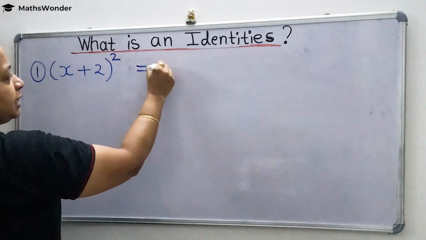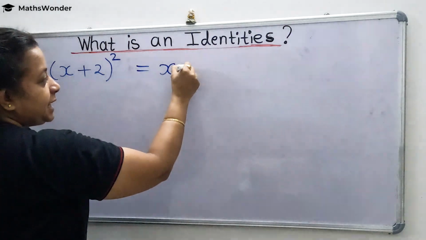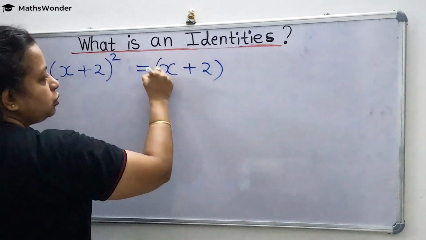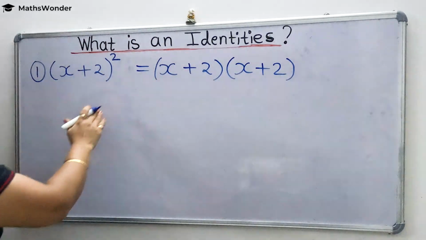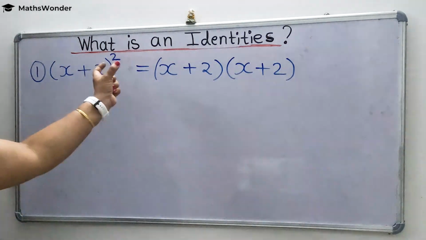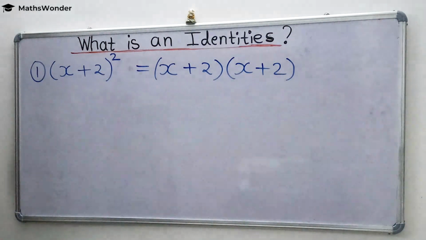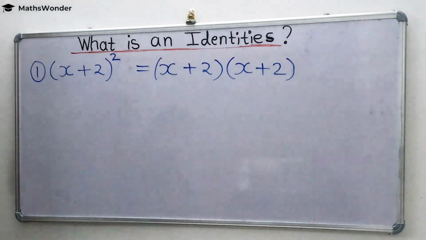Which method did you use in algebraic expressions? x plus 2 times x plus 2, which I explained in the identity also, right? How identities arise. But here we are not using this one, okay? We will use the identity directly. We will not go for the long method.